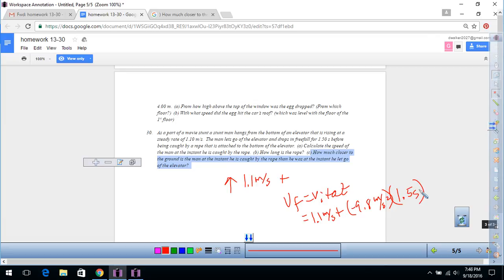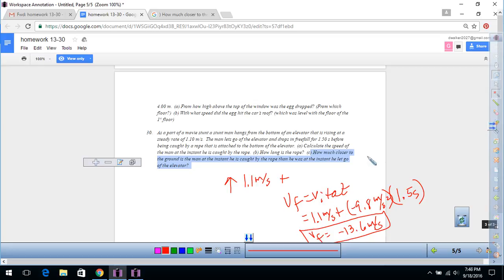So if I take 9.8 and multiply it by 1.5, I get 14.7. I'm going to make that negative because that's what I chose for the direction, plus the 1.1 upward. So he's moving at negative 13.6 meters per second. So that means that he's moving toward the ground 13.6 meters per second.